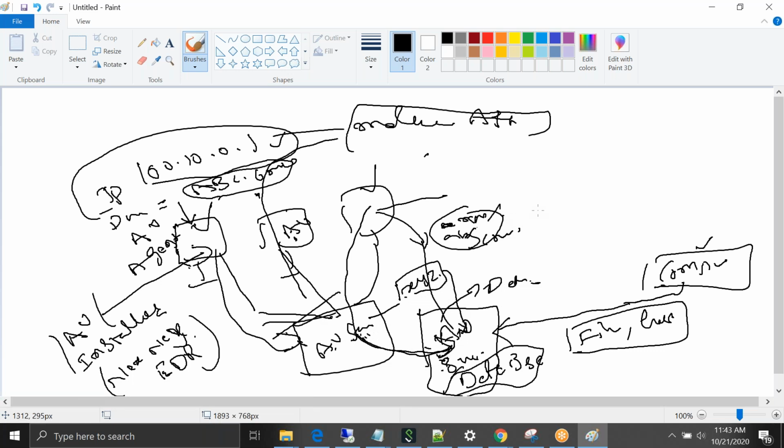The difference between EDR solutions and antivirus is that antivirus is only dependent on the database. If the database contains it, it automatically blocks that activity.